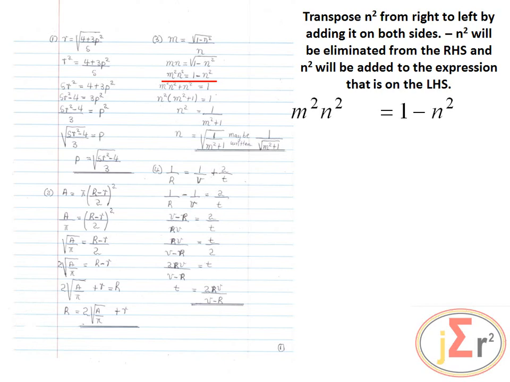So that negative n squared will be eliminated by adding n squared. And on the left hand side we have an additional term, n squared. So here we have an expression with the n squared eliminated, and on the left hand side we have this additional term, n squared.